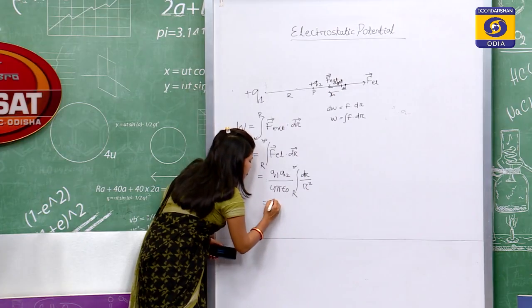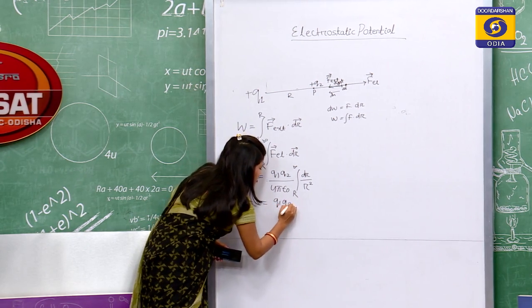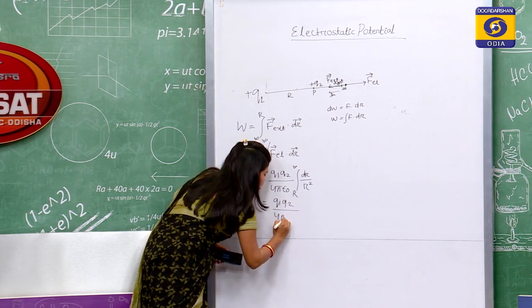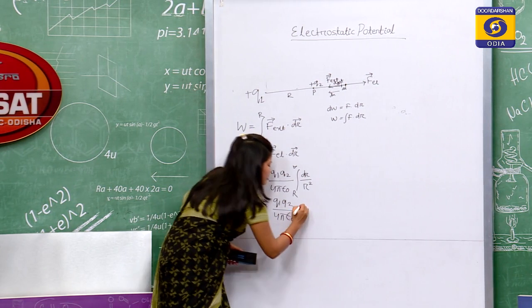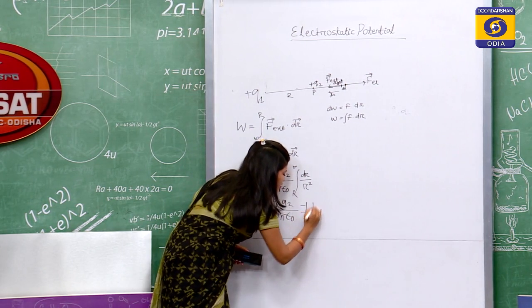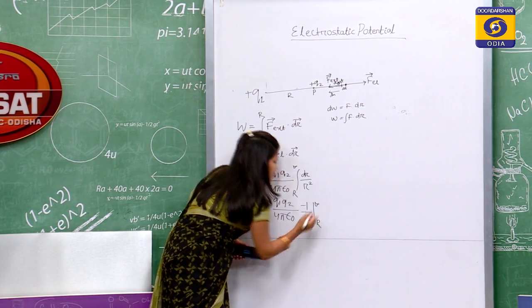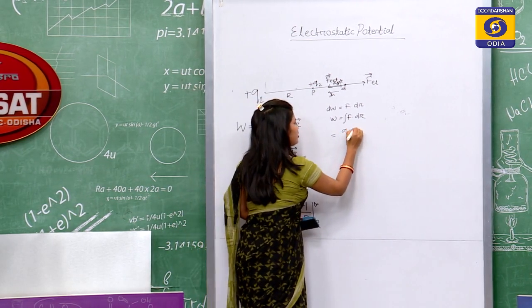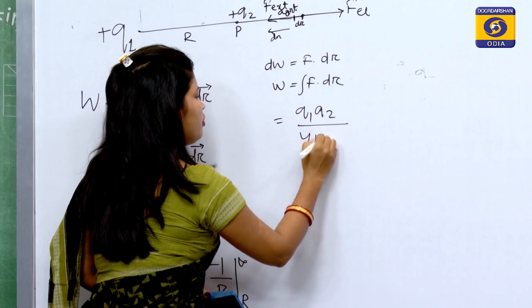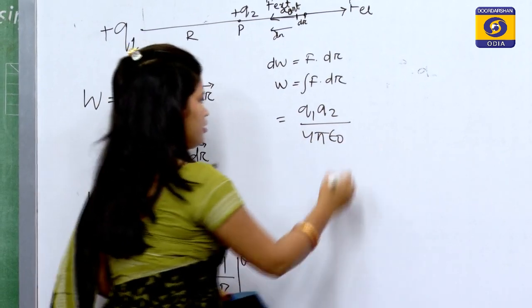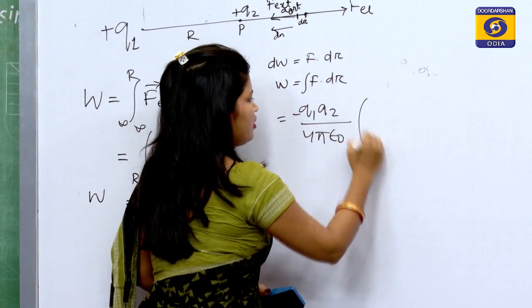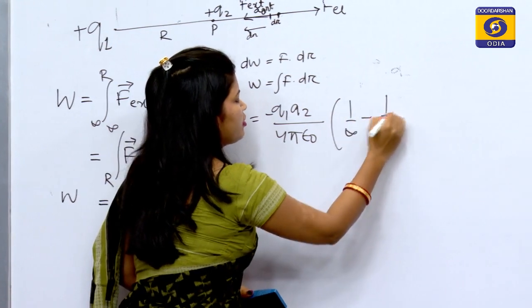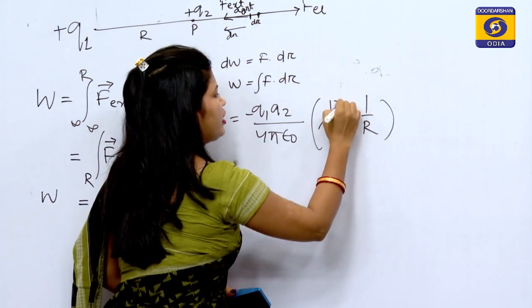So, integrating, we will get q1 q2 upon 4 pi epsilon naught, minus 1 upon r, limit r to infinity. That is equal to q1 q2 upon 4 pi epsilon naught, minus, that is 1 by infinity minus 1 by r. 1 by infinity is 0.